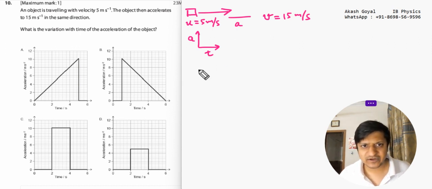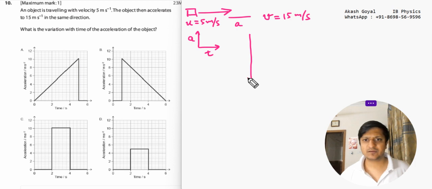So first of all, understand what's happening in this question. So we will make a diagram for VT. VT graph.